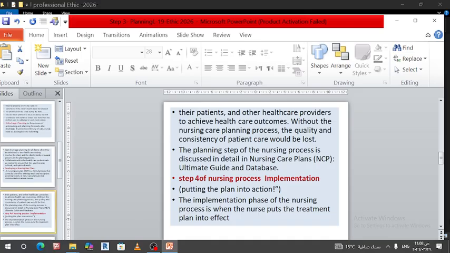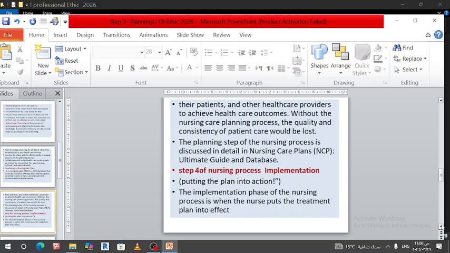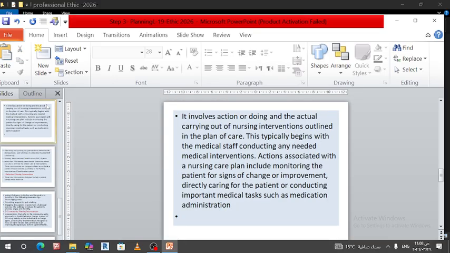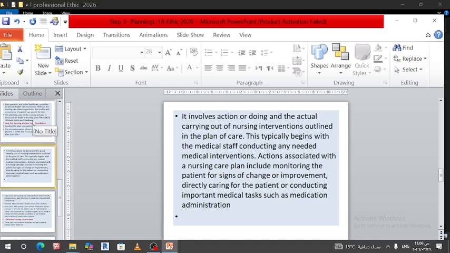You give medication, take vital signs, okay? All this is the implementation of nursing care. It involves action, or doing, and the actual carrying out of nursing interventions outlined in the plan of care.